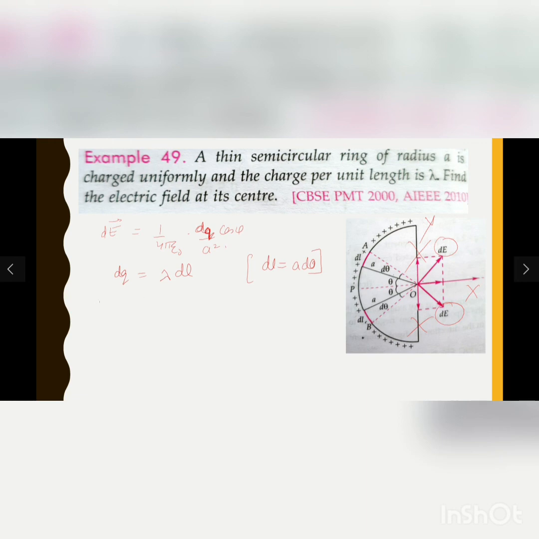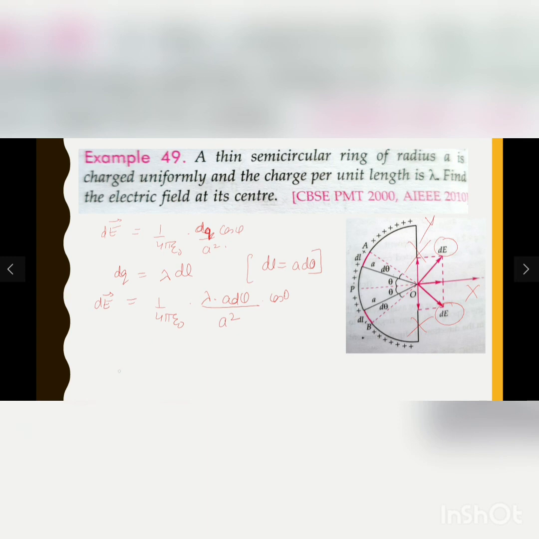So I can rewrite my expression for small amount of electric field at the center by the element dl as 1 by 4 pi epsilon naught lambda times a d theta. In place of dq I put lambda times dl, and in place of dl I have used a d theta. A square remains a square and cos theta remains so.